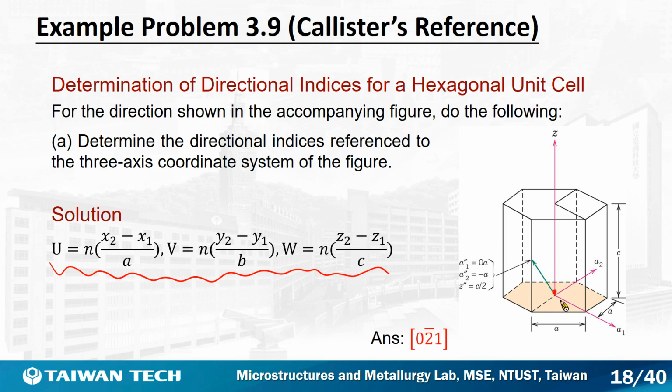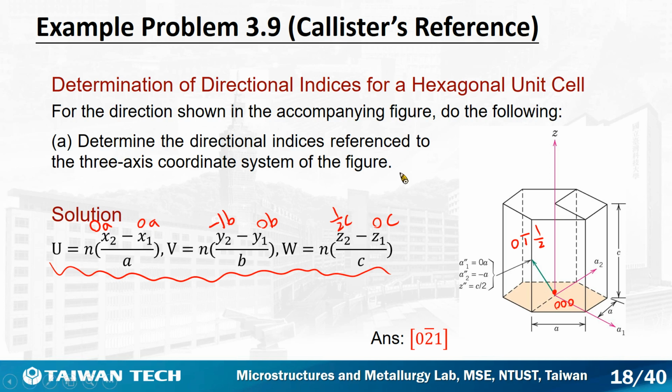This is the origin for 3 axes, so it's 0, 0, 0. This is a point indices, and this one is 0, minus 1, and a half. Okay, do the subtractions. So this is 0, 0, 0, and this is 0 (a), minus 1 (b), a half (c).